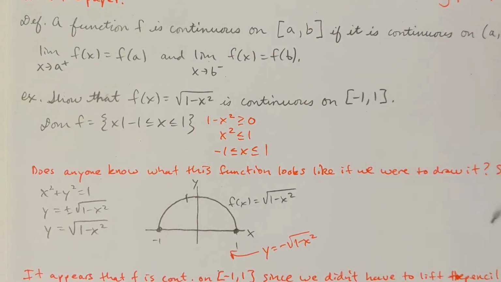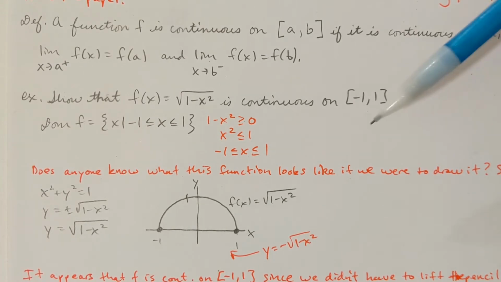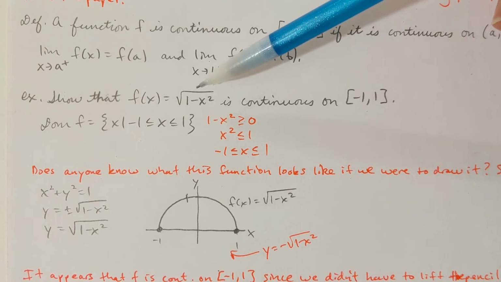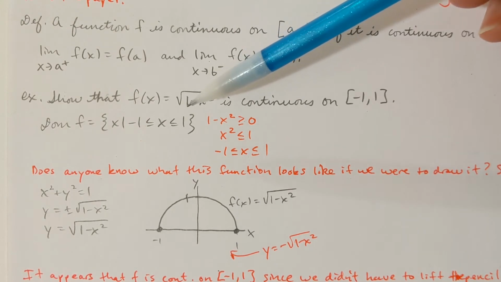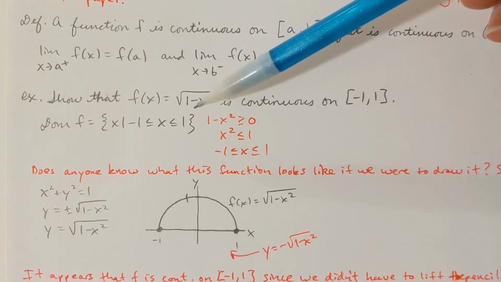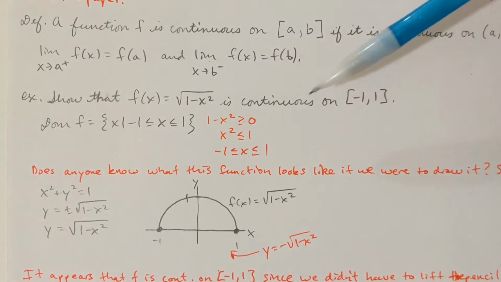In this example, I want us to show that the function f(x), which is the square root of 1 minus x squared, is continuous on the closed interval -1 to 1. By the way, the domain of this function would be the set of all x such that x is between -1 and 1, including the endpoints.